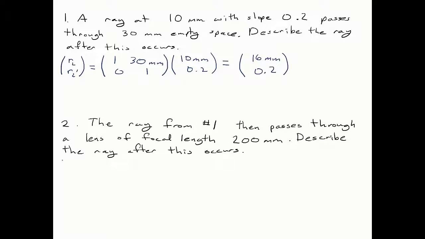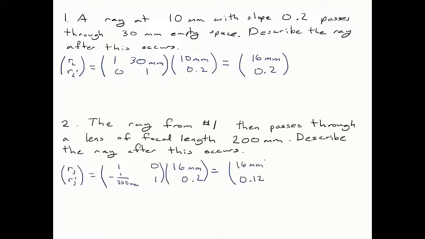Okay, second one, we'll call our answers to that one R3 and R3 prime. Now we're passing through a lens, and our starting point for this one is our answer to number 1. So if you work that out, our first one, we end up with a ray at 16 millimeters and a slope of 0.2.